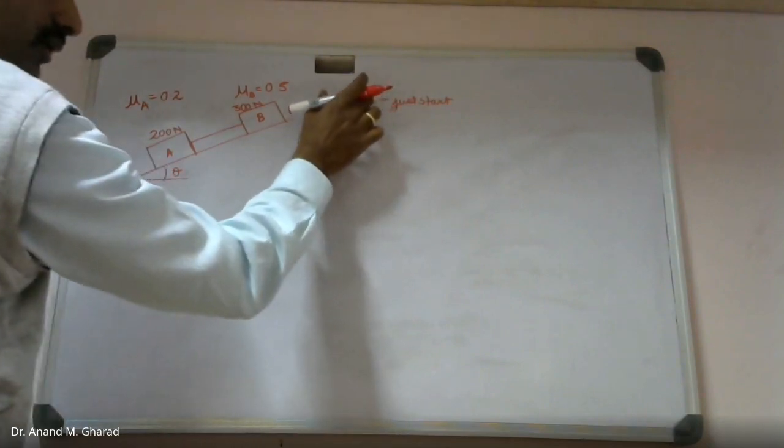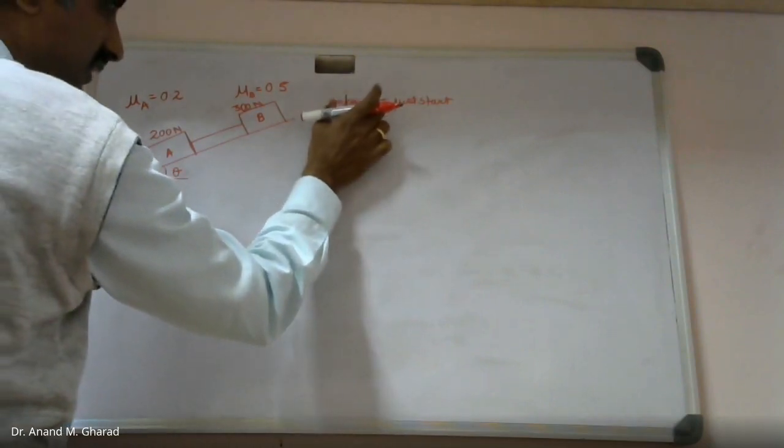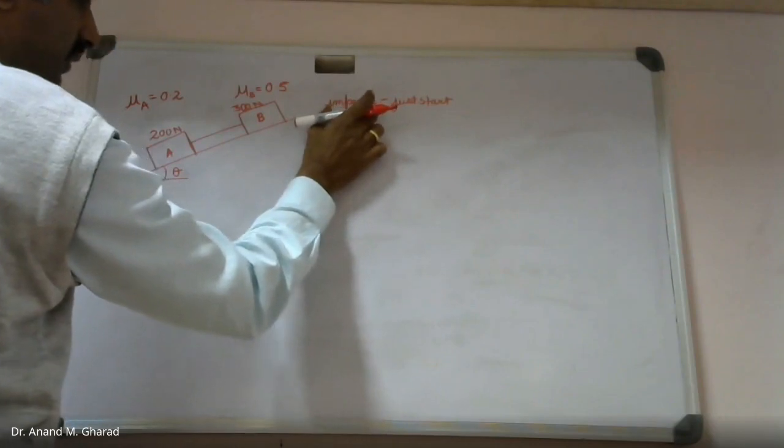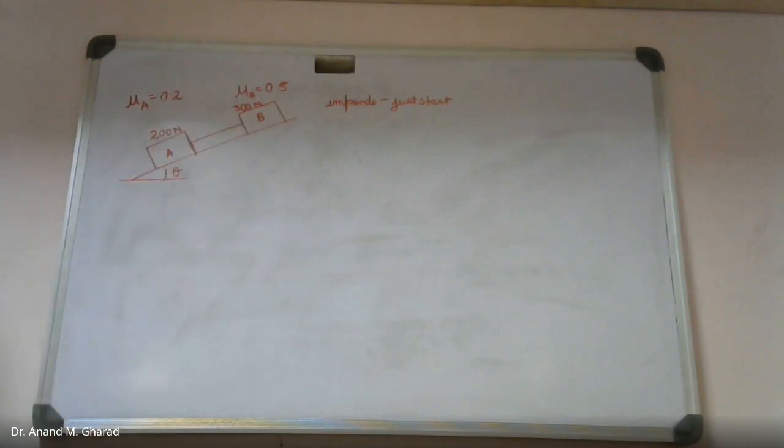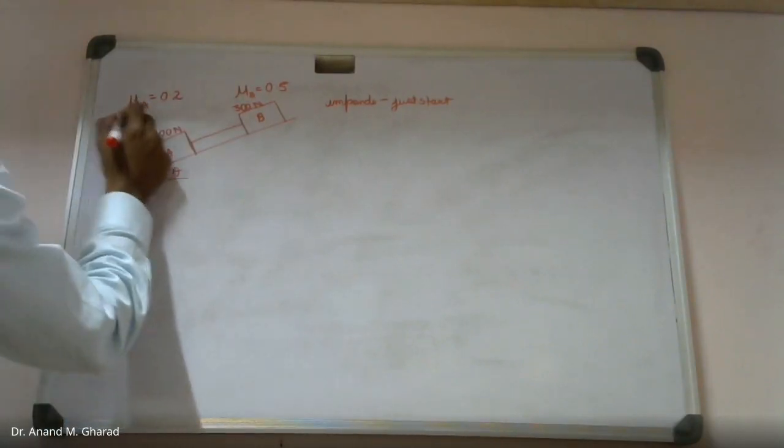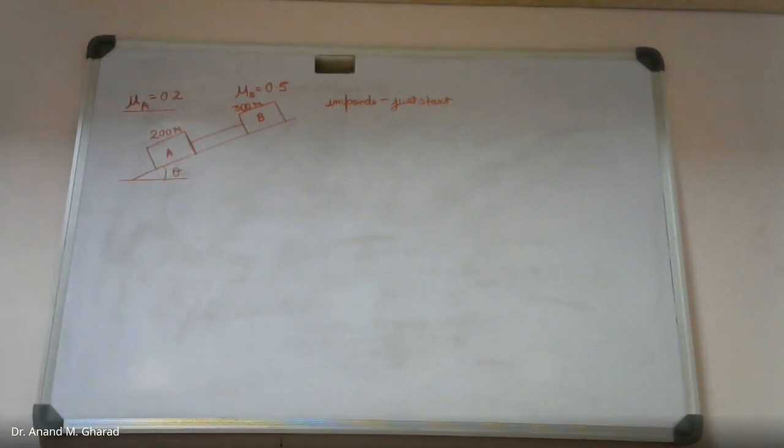And when we say that any rigid body impends its motion, in that case, still the static coefficient of friction is applicable. So whatever coefficient of friction is mentioned over here is nothing but the static coefficient of friction. Right? So we need to first of all find out the theta value based on whatever information is given.